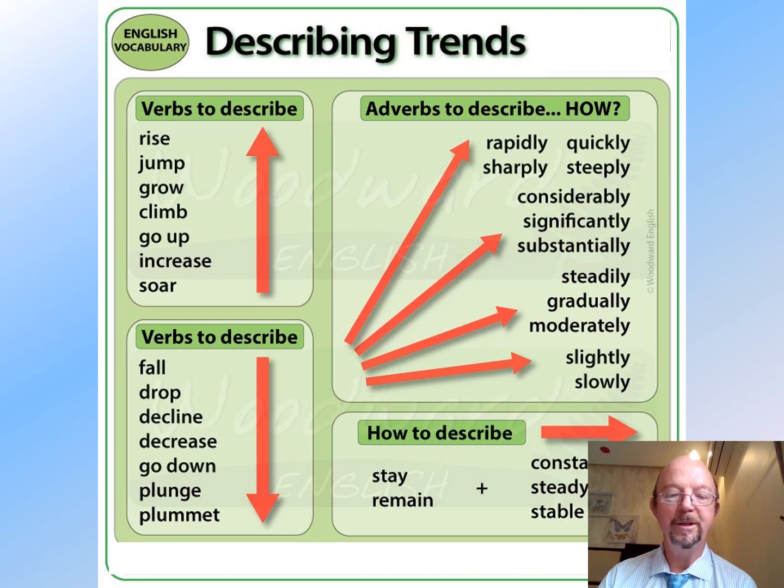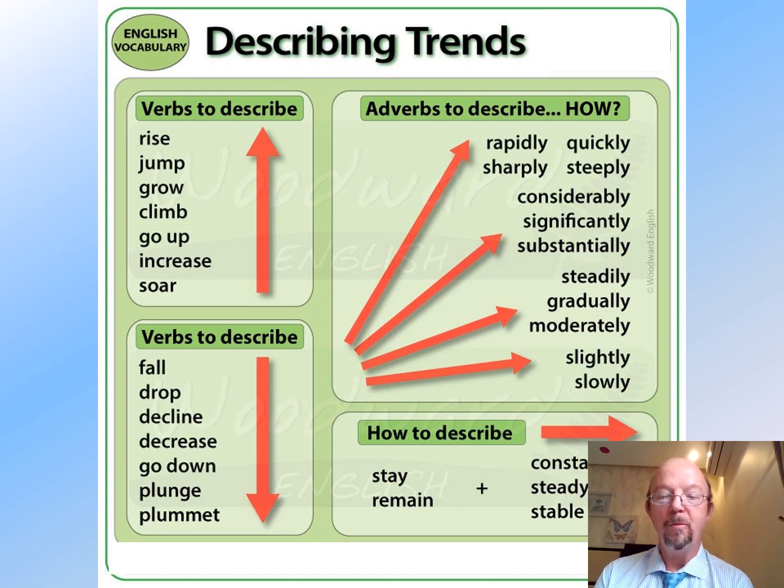These are the words that one can use to describe what happened in the line graph or in the bar chart. If you want to describe something that moves up, the student shouldn't say move up and repeat himself all the time. So you can use words like rise, climb, jump. Jump will be, of course, a sharp increase. And to increase very sharply, you can say to increase rapidly.